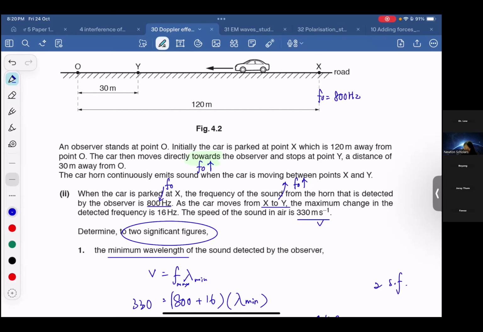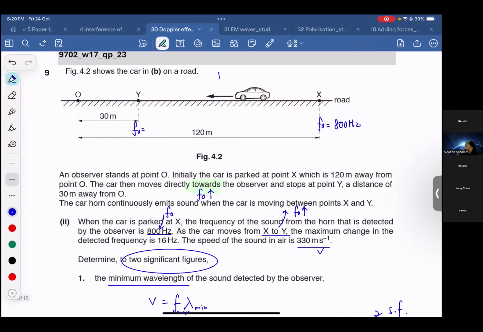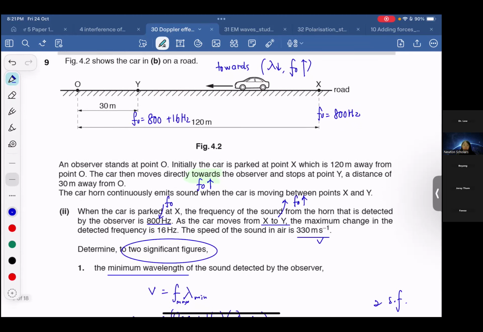When it moves from X to Y, the difference is 16 Hertz, but this 16 Hertz should be plus or minus. So ask yourself, now it's towards, so my wavelength becomes shorter and my observed frequency must be higher. That means it should be 800 plus 16 Hertz at point Y. You get what I mean?